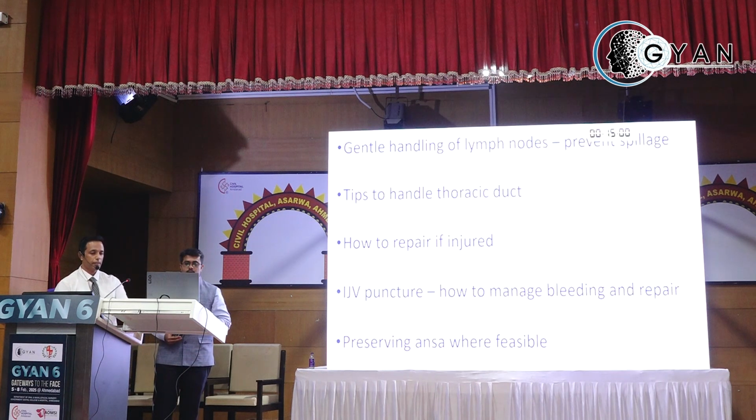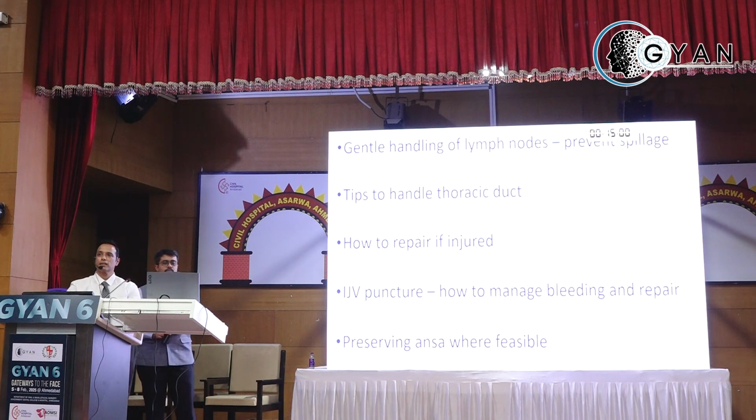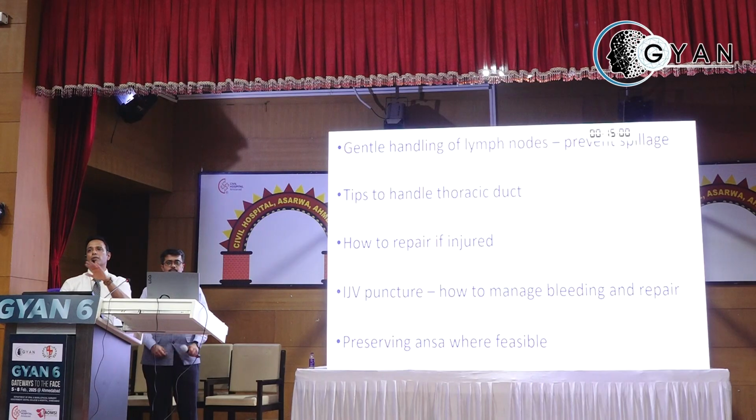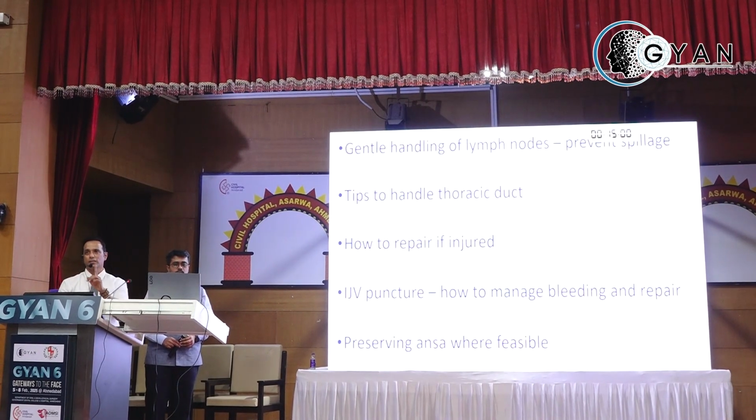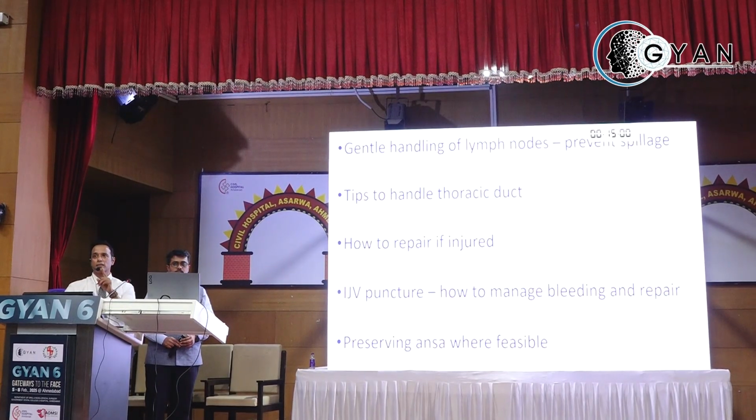When the duct is injured, normally this patient has not had food for 6 to 8 hours, right? So there will be a leak, a watery fluid coming out from this area. Sometimes there's a lot of fat, and when you cut through with diathermy, the fat is also melting, so sometimes it is mixed. The first thing, if you feel there's a thoracic duct injury, ask your anesthesiologist to give a Valsalva maneuver to see whether the leak is increasing.